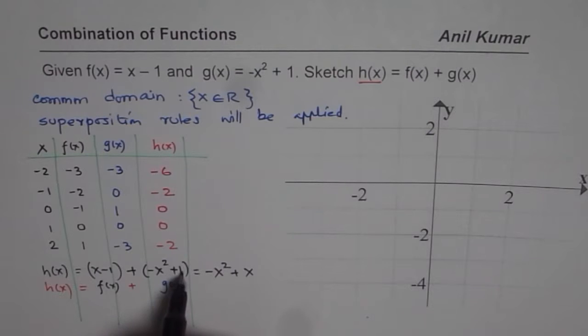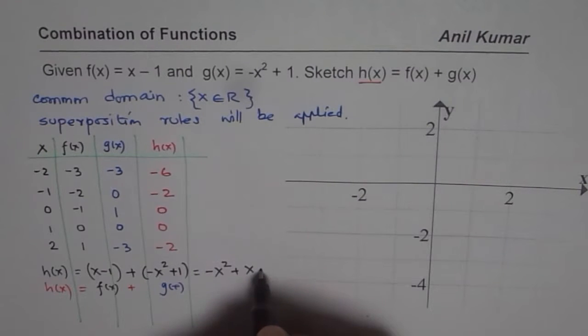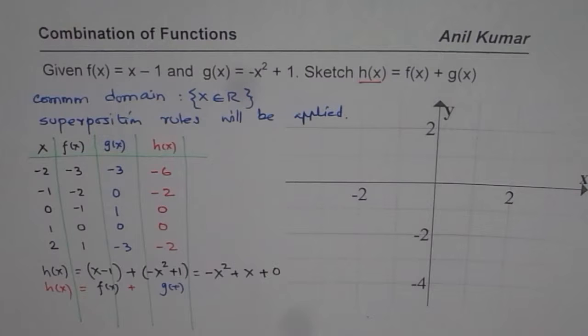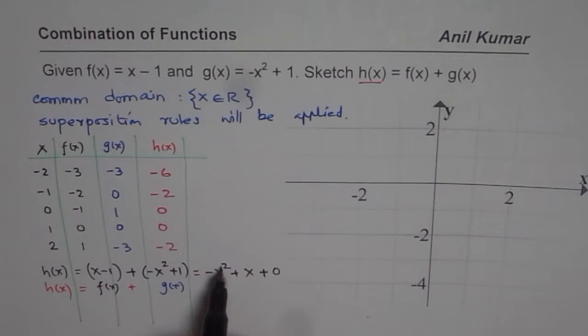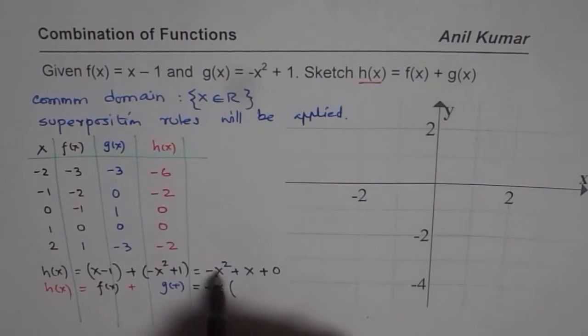Minus 1 plus 1 gives me 0, so I get 0 here. No need, but anyway, let me write 0. So I get a function which is minus x squared plus x, and the common factor is x. If I take the common factor x, I get x times (1 minus x).